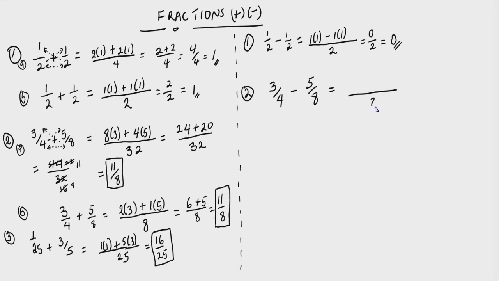And here again, 8. 4 in 8 is 2 times the 3 minus 8 in 8 is just 1 times the 5. 6 minus 5 divided by 8, and that gives us a final answer of 1 divided by 8. And that's our final answer.